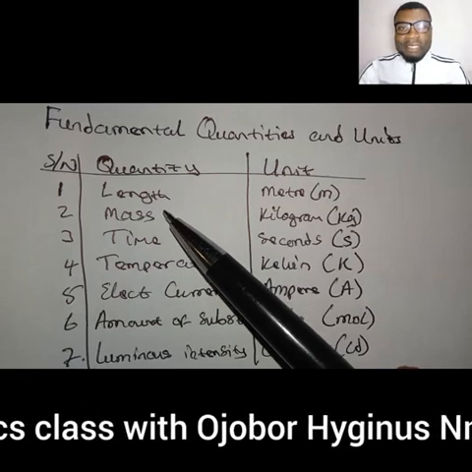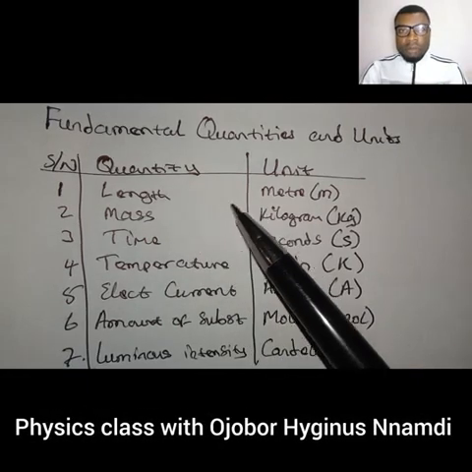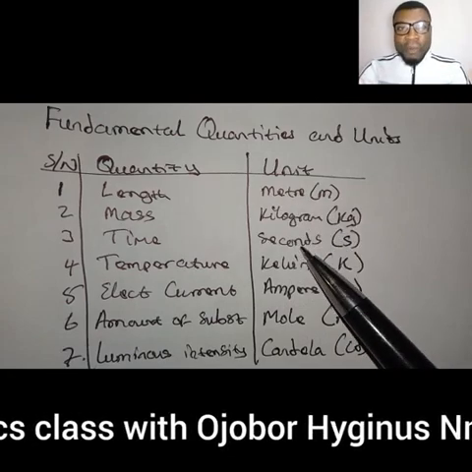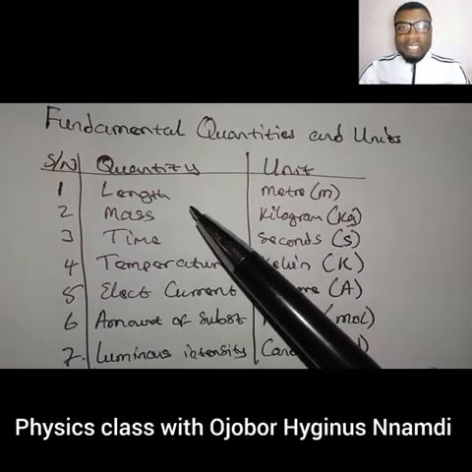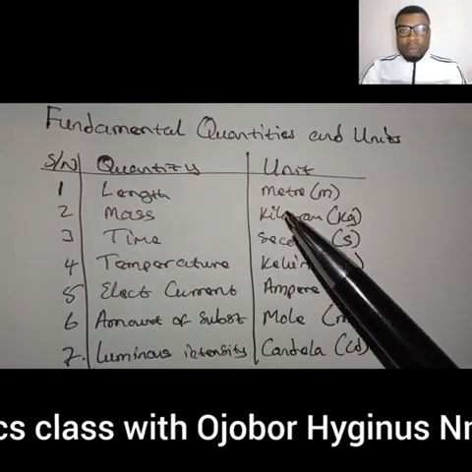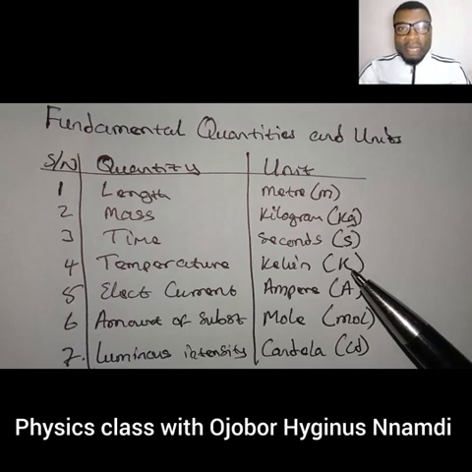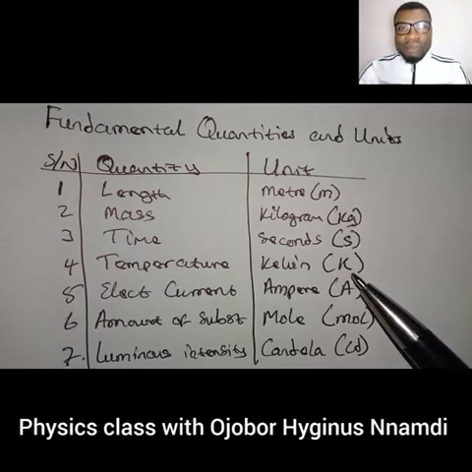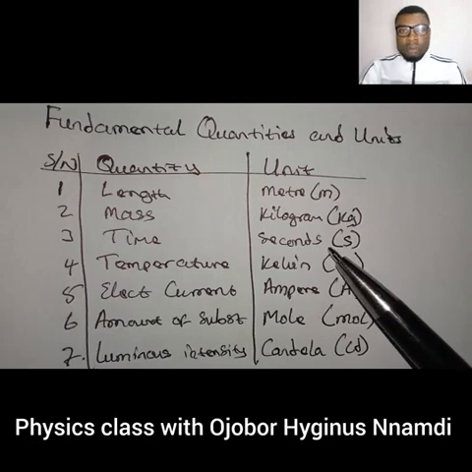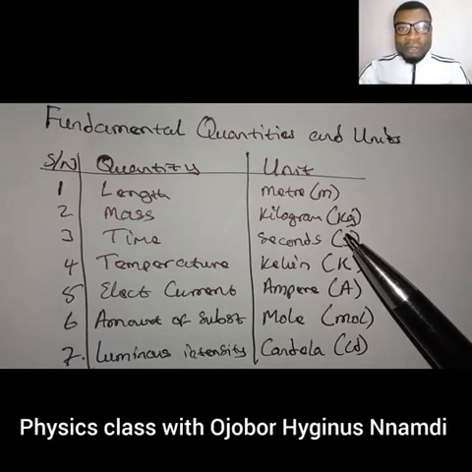If you are asked to mention the standard international system units, they are the length, the mass, and the time: the meter, the kilogram, and the second. These are the three basic fundamental quantities and their units, and they are the ones that naturally have dimensions. There are other ones that, by some special conventions, have dimensions as well. But these are the three basic ones that we use to form other quantities, which are the derived quantities.